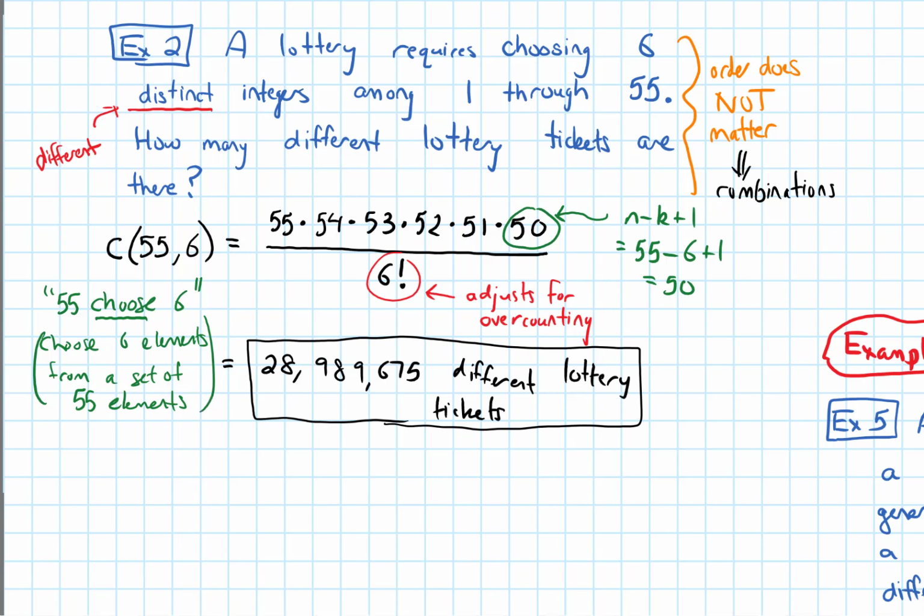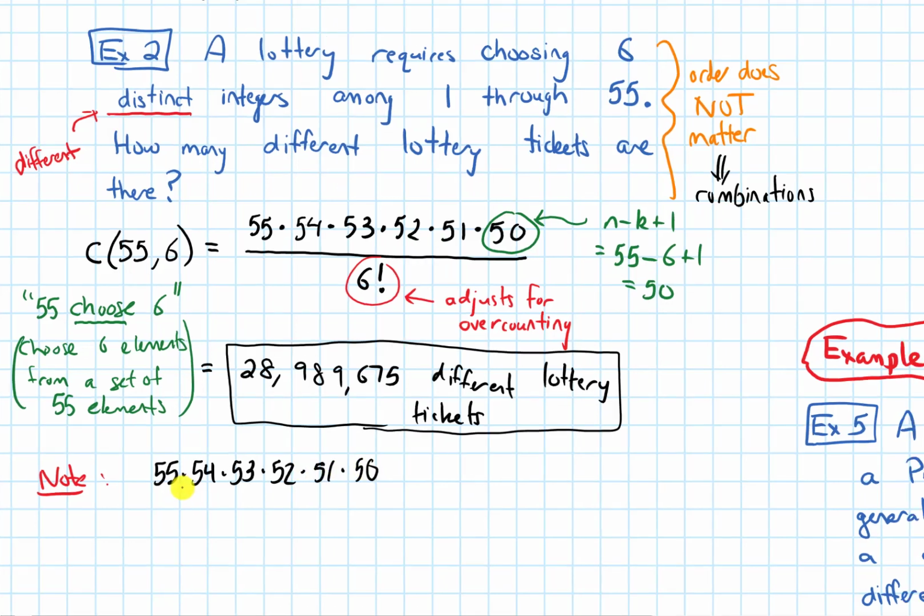All right, so I want to note something about how I initially wrote my answer, because there's another way I could express it purely in terms of factorials. So 55 times 54 times 53 times 52 times 51 times 50, all over 6 factorial. I'm going to multiply the top and the bottom by something.